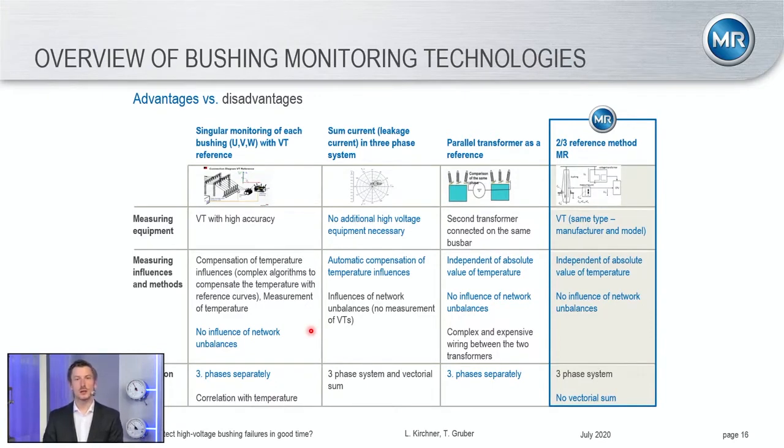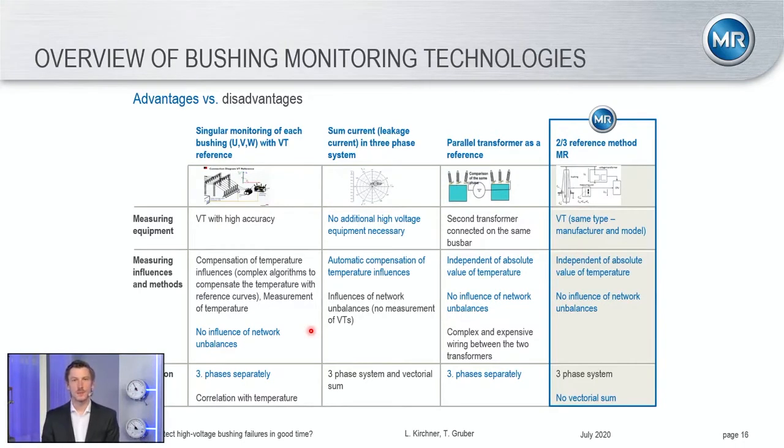The major advantage, however, is that it can be applied to almost all three-phase transformers, and it's a very accurate way also compared to other approaches, because we don't need a temperature sensor, and we also don't need a complex way to compensate temperature deviations or network asymmetry deviations.